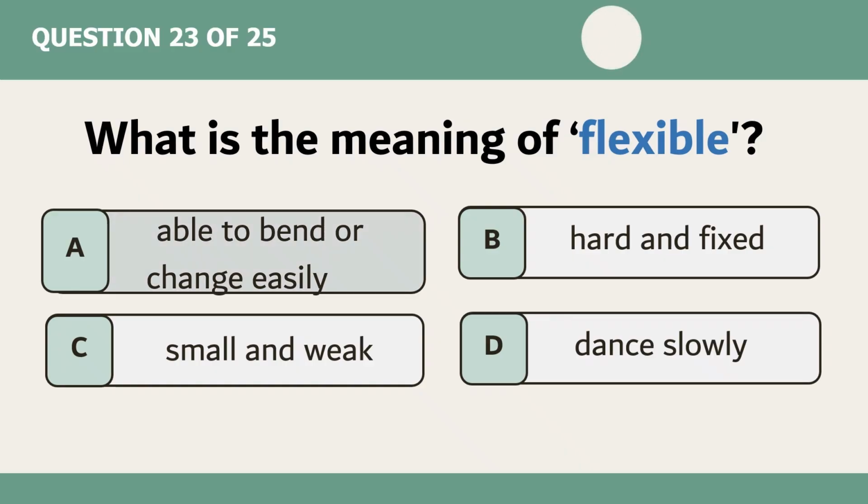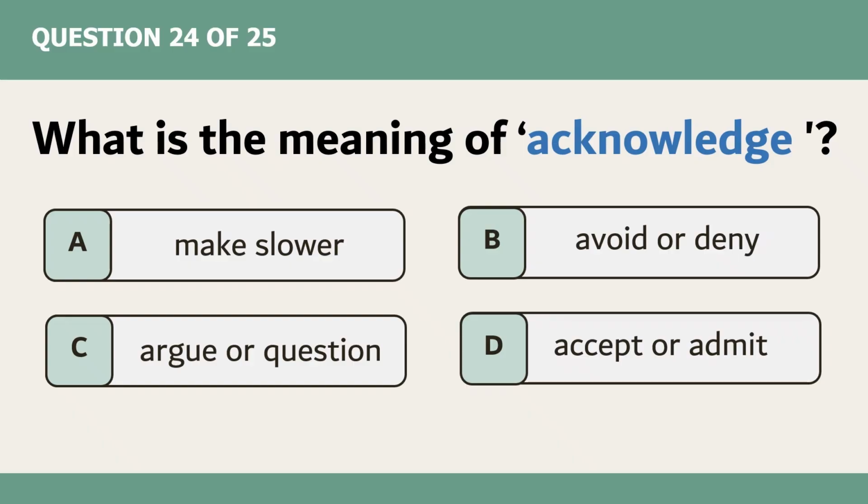The correct option is A. Able to bend or change easily. Question 24. What is the meaning of acknowledge? The correct option is D. To accept or admit.